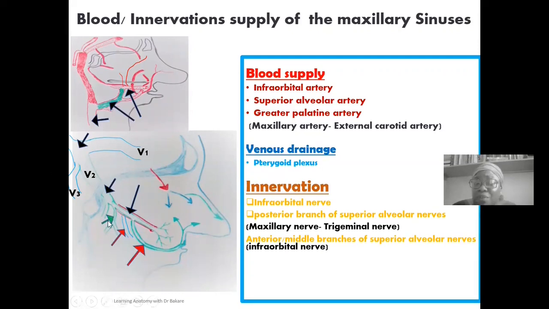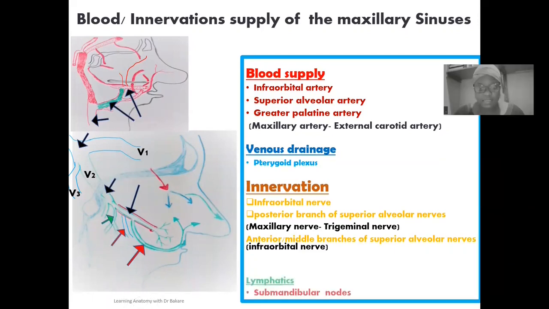So it's good for us to be able to establish the emergence of the anterior, the middle, and the posterior branches of the superior alveolar nerves. And these nerves are seen to innervate the maxillary sinus. For the anterior and the middle, they emerge from the infraorbital, while the posterior branch will emerge directly from the maxillary nerve. While the lymphatics is into the submandibular nodes.